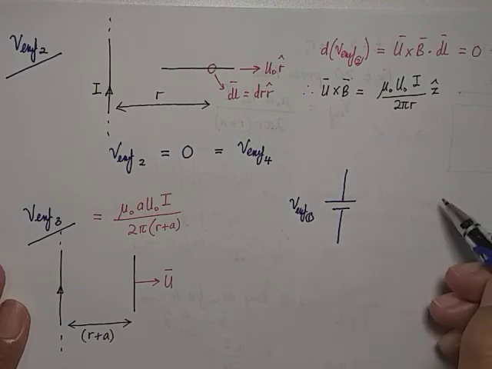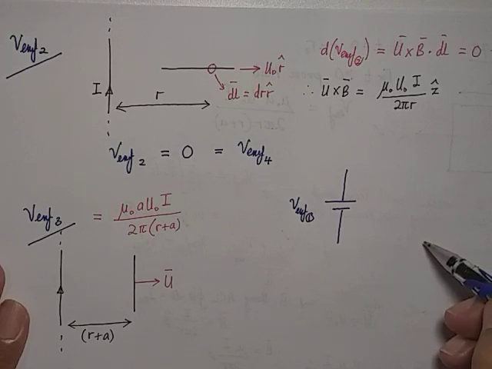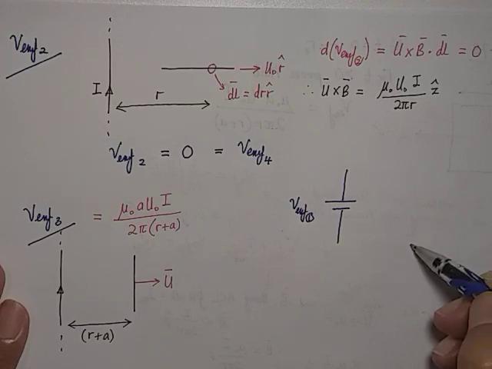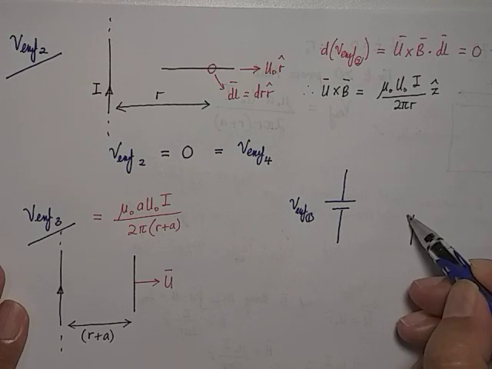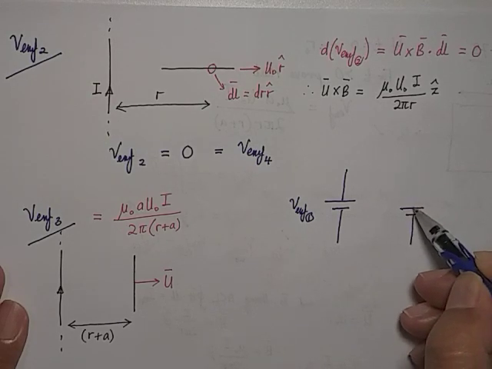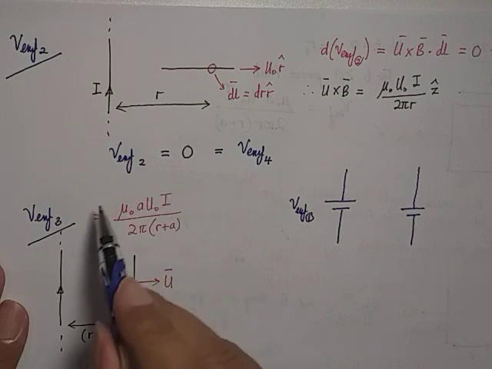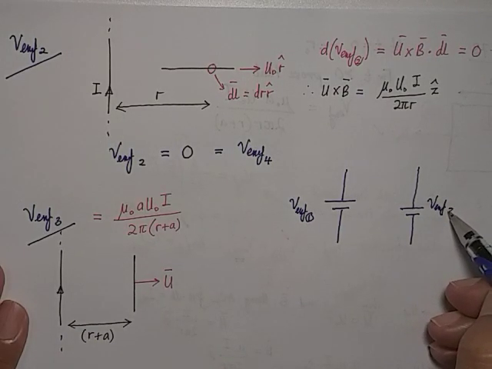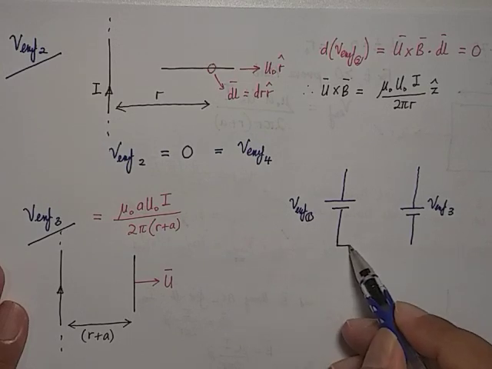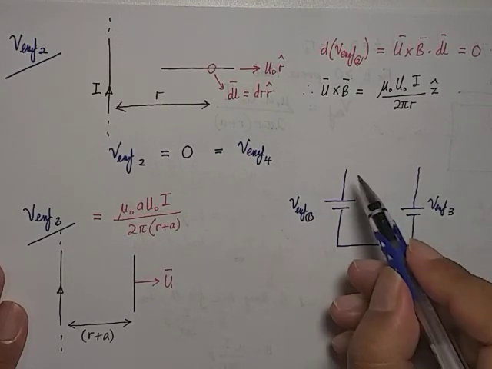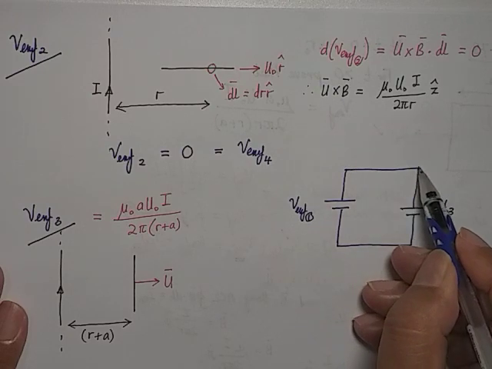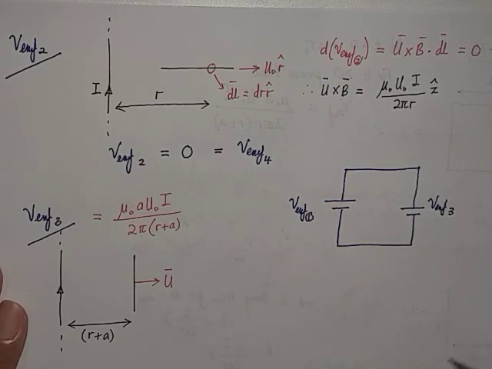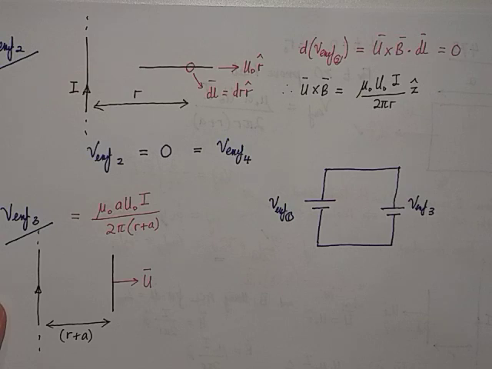Similarly, I'm also doing my integration of leg number 3 from 0 to what? Yes, to A. Therefore, I'm going to have this, and the solution that we obtain here is also positive. So therefore, it's going to be my VEMF number 3. So therefore, 0 for side number 4, 0 for side number 2. So that should be our equivalent circuit of induced EMF in each part of the structure.